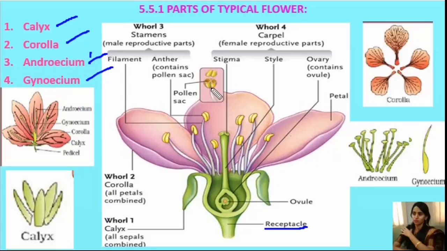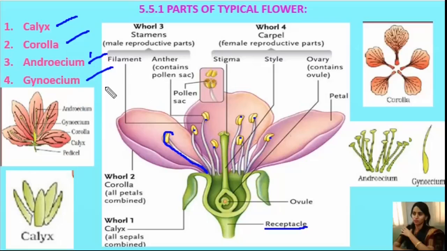Later we will discuss in detail about the androecium and gynoecium. The individual member of the androecium is known as the stamen. Here you can see this is a stamen, and all these are stamens here, in which the male gametes, that is pollen grains, are produced.